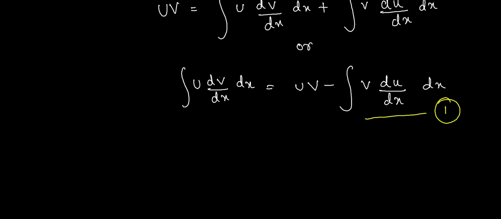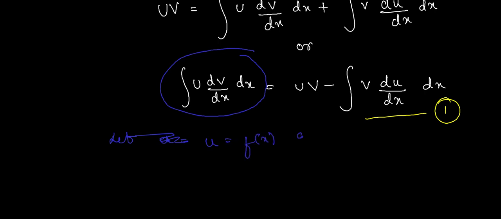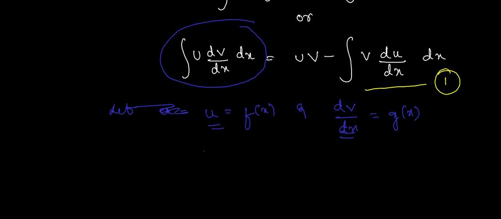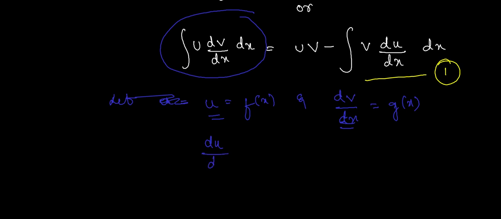After this, let u is equal to f of x and dv by dx is equal to g of x. Then you need to differentiate this and this. So after this you get du by dx is equal to f dash of x and v is equal to integration of g of x.